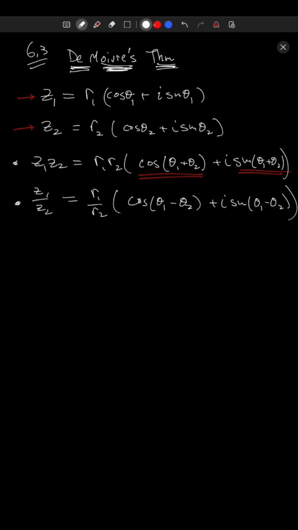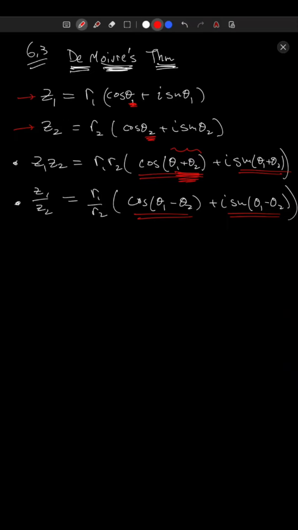But remember, there were also very nice geometric interpretations. In terms of the angle, if you have the product of two complex numbers, the first has angle θ1 with the x-axis, the other has θ2 with the x-axis, right? Their product is going to have angle θ1 plus θ2 with the x-axis.